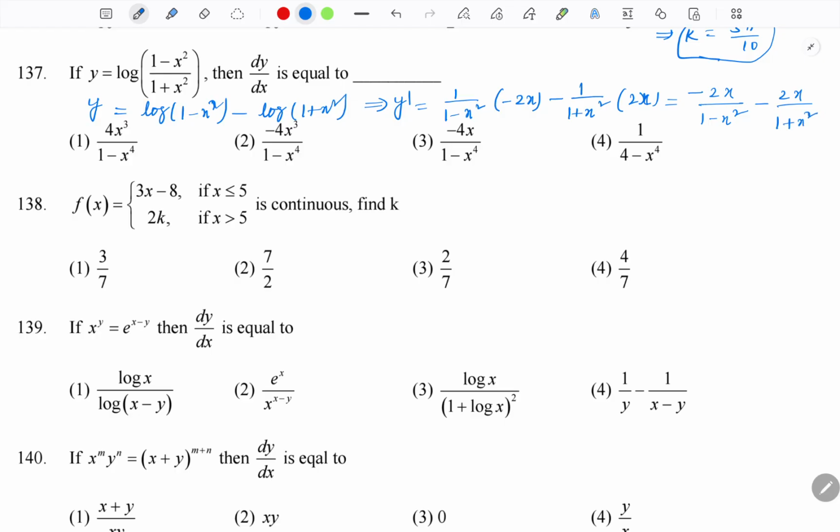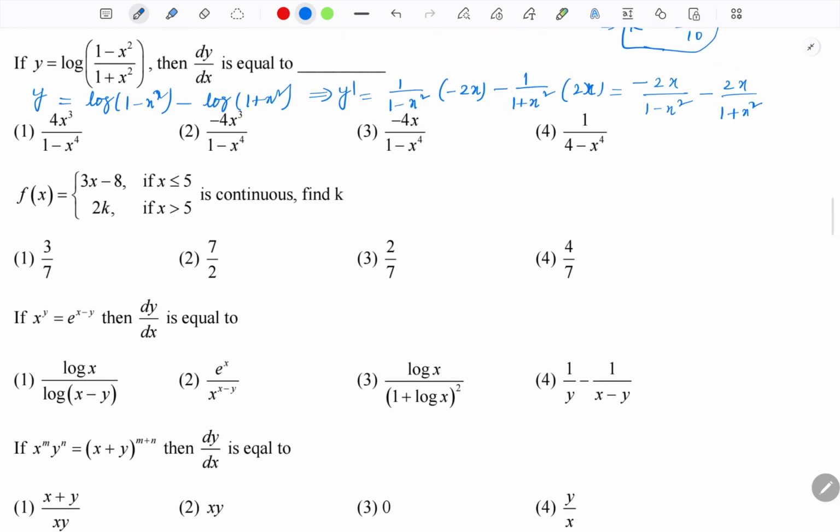If I take LCM on both sides, what will we get, students? Observe, downside is very clear, right? It looks like (a plus b) into (a minus b), a square minus b square. Then multiply numerators: minus 2x times 1 plus 2x, and minus 2x times x square, both cancelled. Minus 2x minus 2x plus 2x cube over a square minus b square, instead of a, 1 square, instead of b, x square whole square, x power 4.